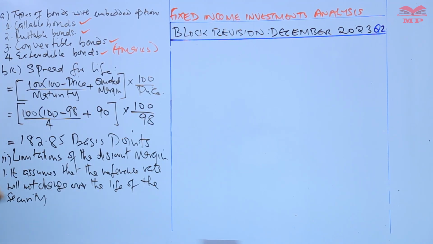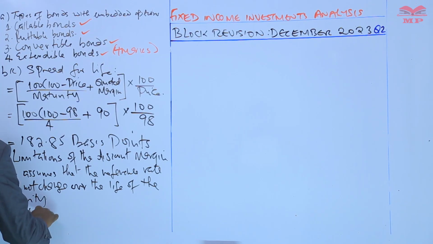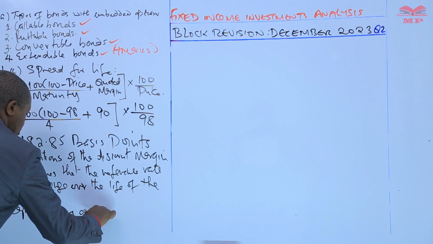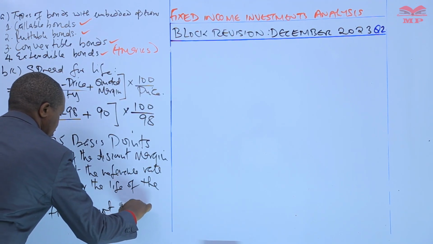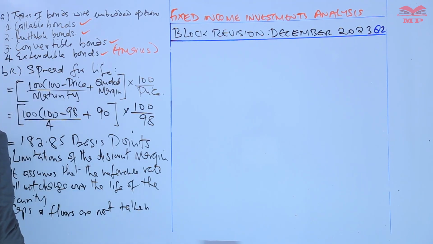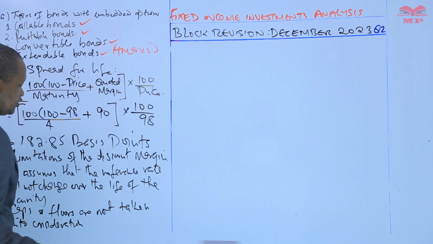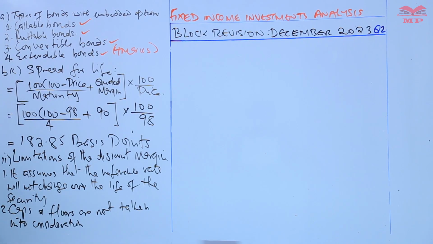Now, the second: caps and floors are not taken into consideration. What does that mean?